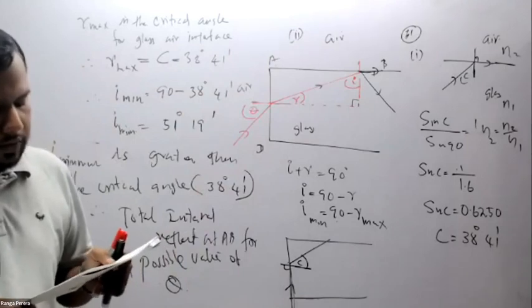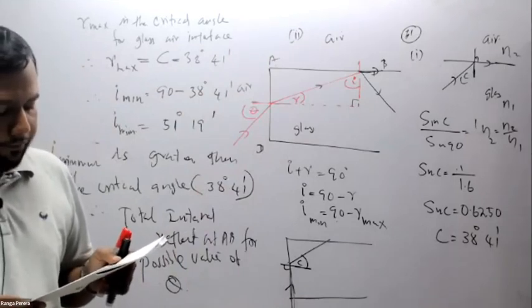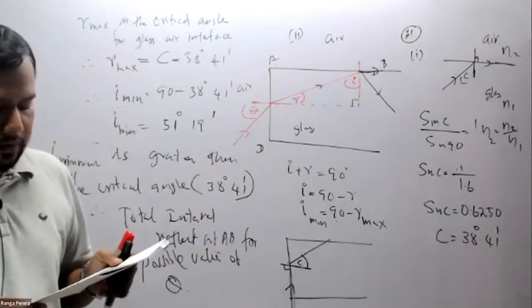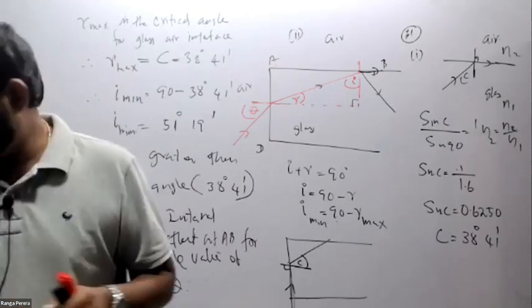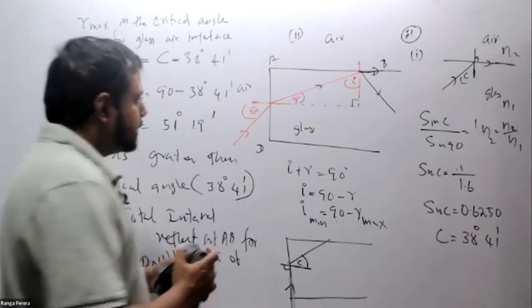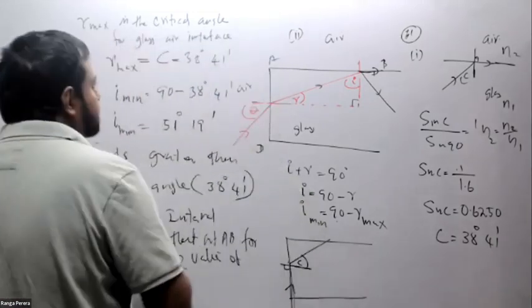When theta equals 30 degrees, calculate the angle of refraction at the surface AD, and then the angle of incidence at the surface AB. I'll erase the board now.